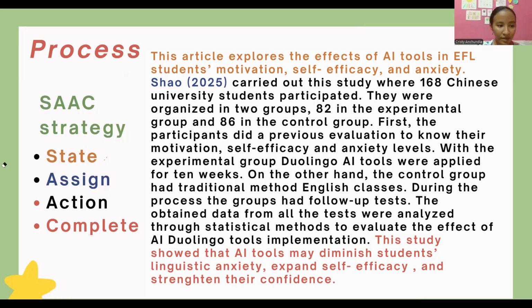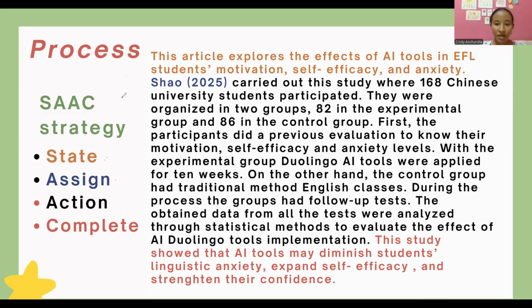Next, we have assign. Here we must mention the author and the year of publication. In this case, we have Shaw 2025. Next, we have action. In this part, we should write about the actions that the author did.